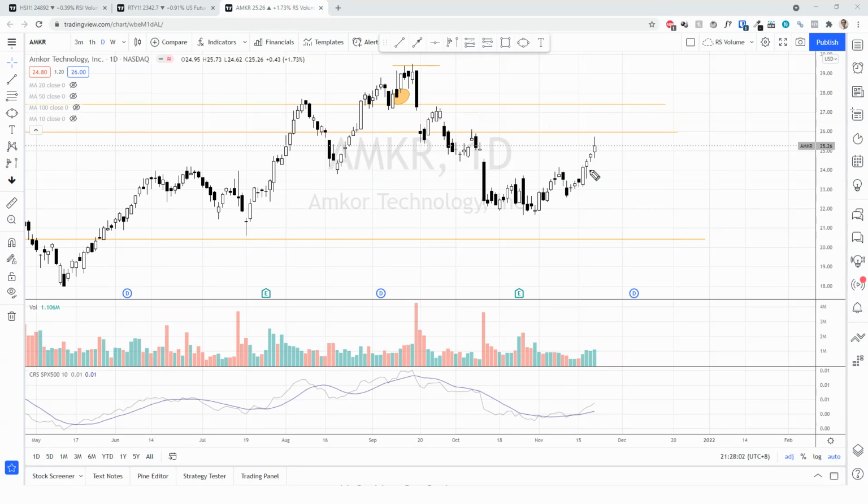At the moment, I think it's a bit stretched. So I just wonder how it will interact at this resistance level, whether it can break above or whether it will just have another rejection and form a consolidation. So it might take some time.